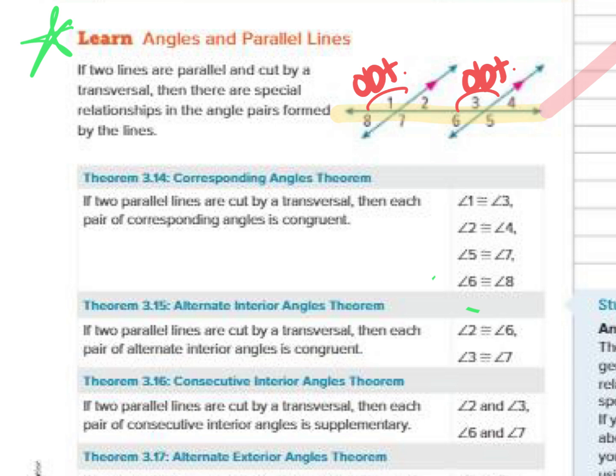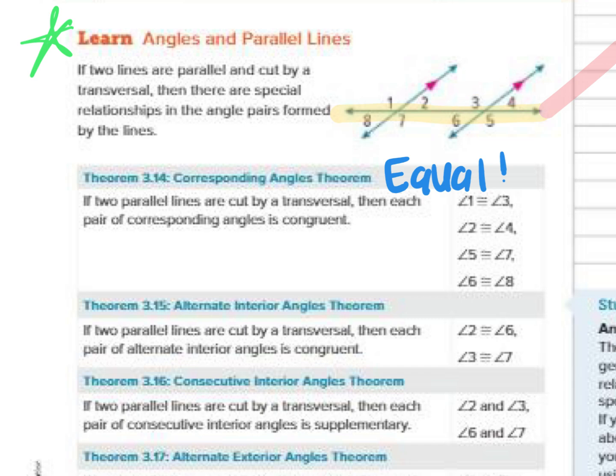Let's talk about this last example, angle 8 and angle 6. Angle 8 looks acute, angle 6 looks acute. So each of these pairs are the same as the angle it's paired up with. So for that reason, corresponding angles, their special property is that they will be equal measure.